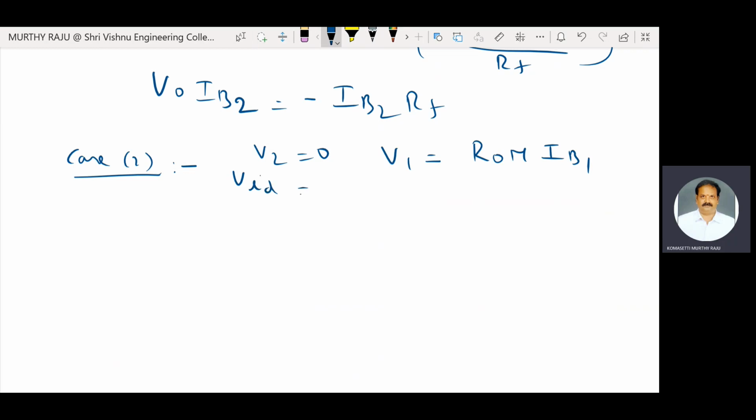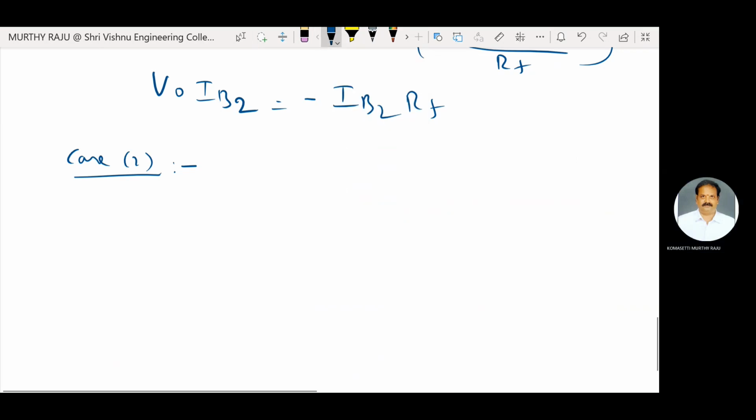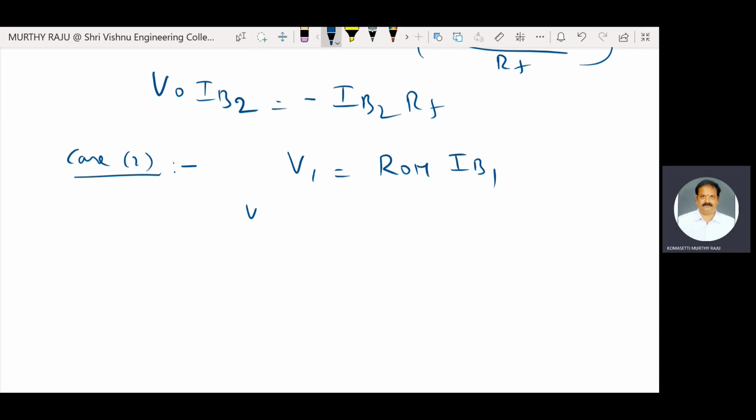The assumption is VID is equal to 0, so V1 minus V2 is equal to 0.